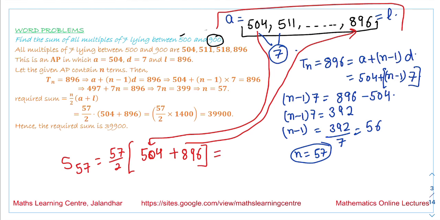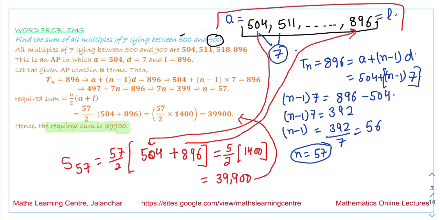The final answer is 57 by 2 into 1400, which is equal to 39900. So the required sum is 39900.